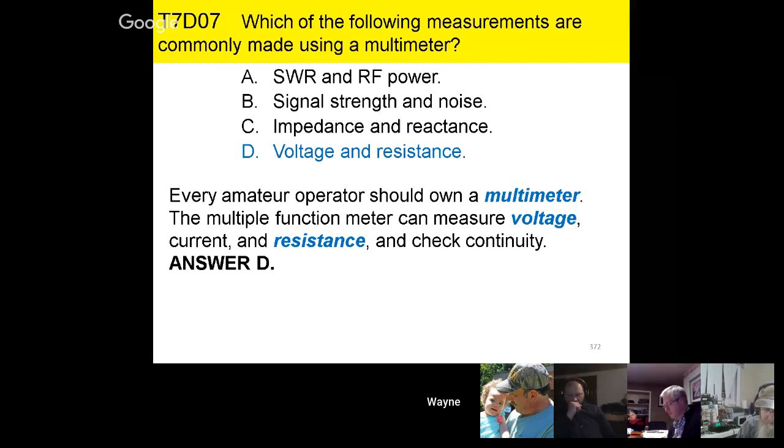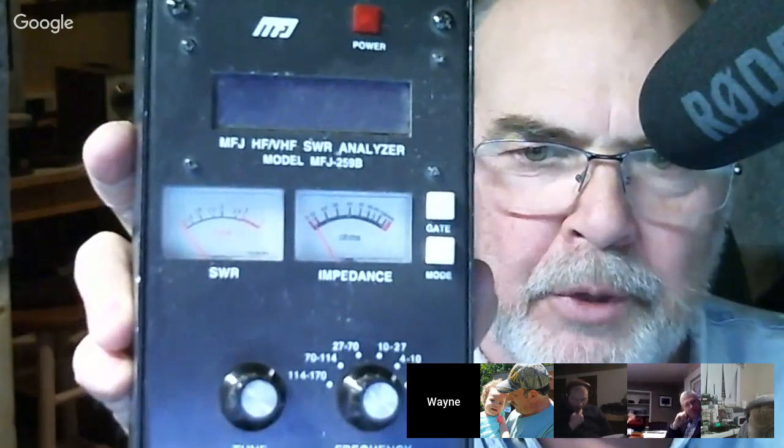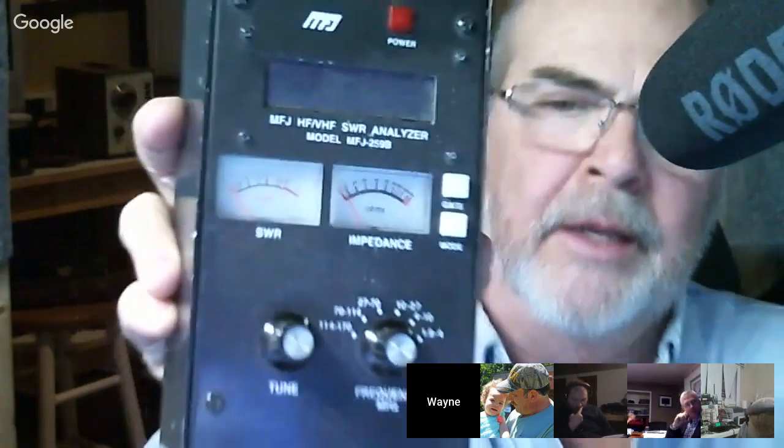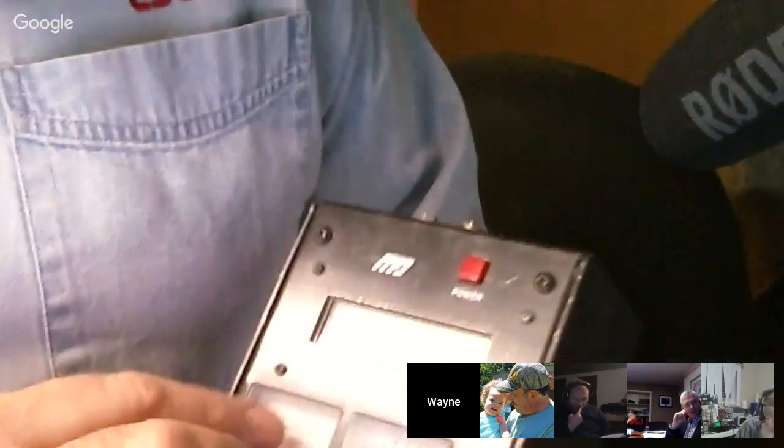This might be a good time to maybe show a little bit more test equipment that I have. I'm going to stop sharing just for a moment. We talked about antenna analyzers the other day, and that is my antenna analyzer. I pulled up a picture of that. This display predominantly shows an SWR reading.